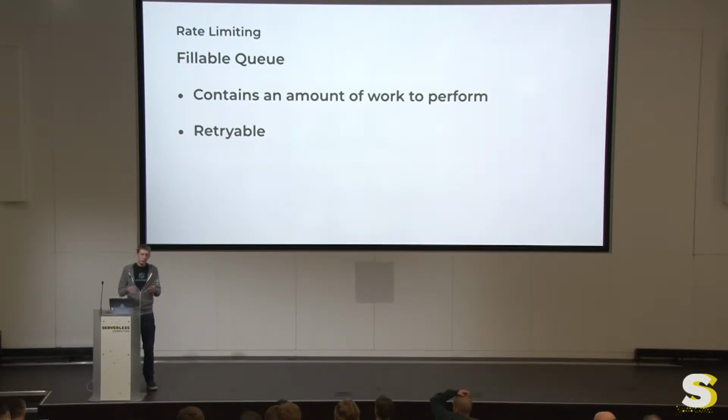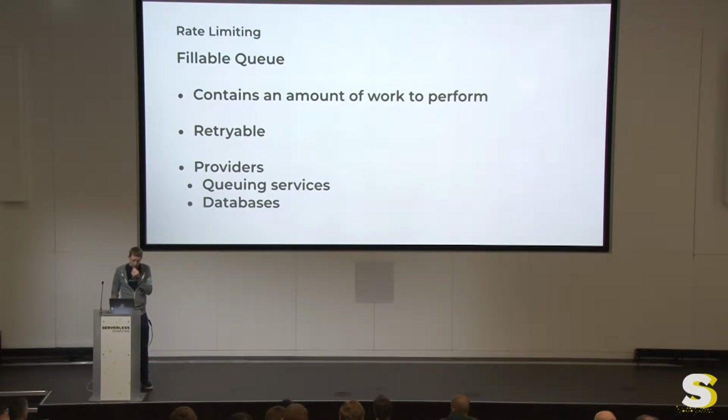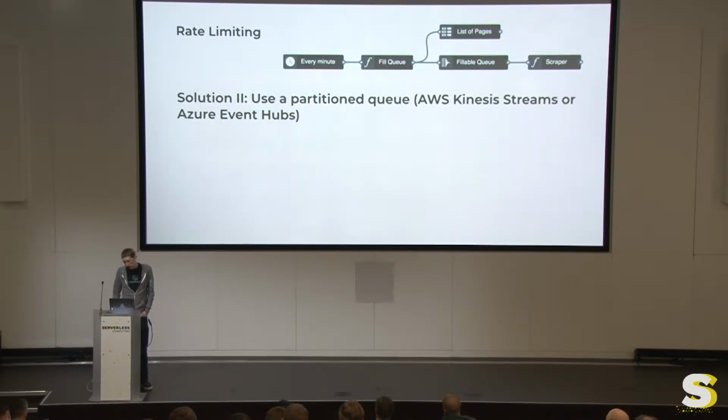If you've got a queue and a function listening to that queue, and that function dies in the middle of processing an event from a message from that queue, the queue is going to hold on to that and re-invoke that function. There are a couple of different providers of these queues. There are native queuing services, which we'll look at, and there are also some NoSQL databases that you can use. So let's look into what those look like.